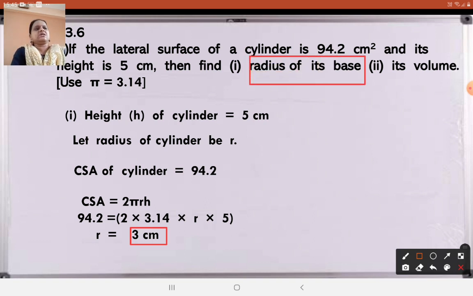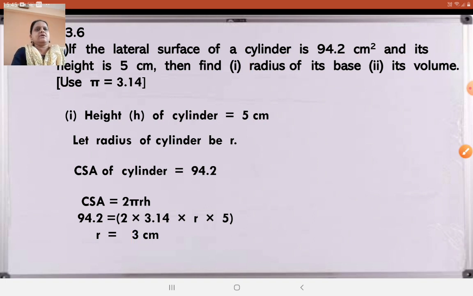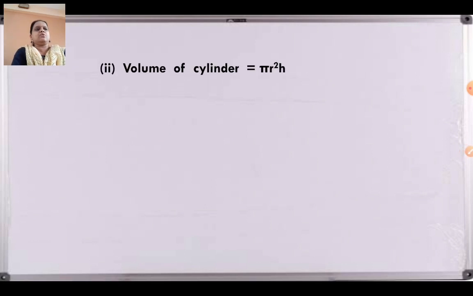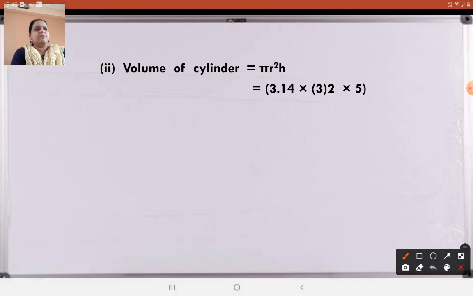Now, let us see the second part, find its volume. Yes, now we know the r value, we know the h value. So volume of a cylinder equal to pi r square h. Substitute the values. 3.14 into 3. 3 is a radius and here it is not multiply by 2.